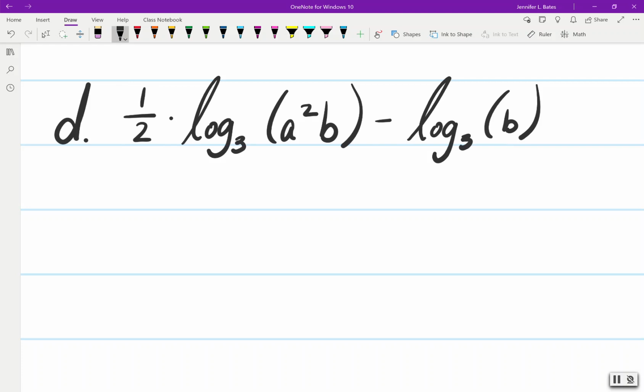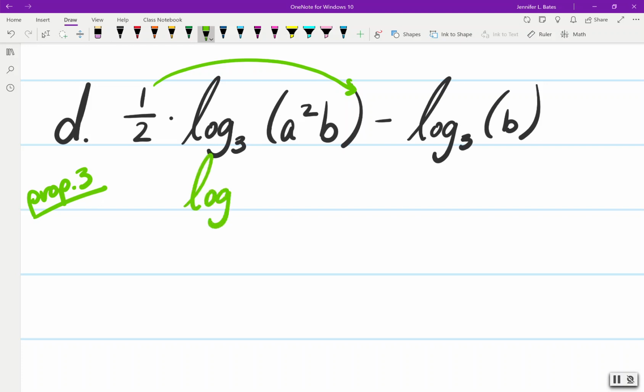Just like the last problem, we are going to take the 1/2 and bring it back as an exponent. Which property says that we can do that? Show me on your hand. Property 3, which says a coefficient you can bring back as an exponent. So this is log base 3 of a squared b, all to the 1/2 power.